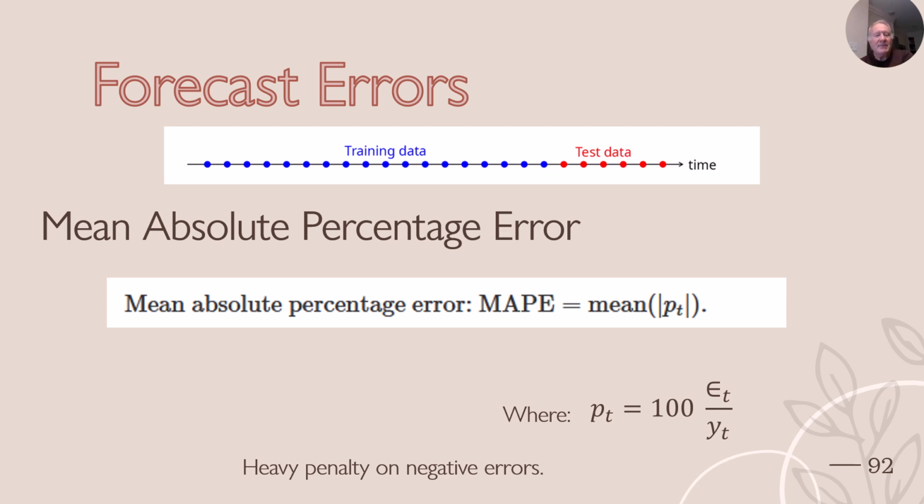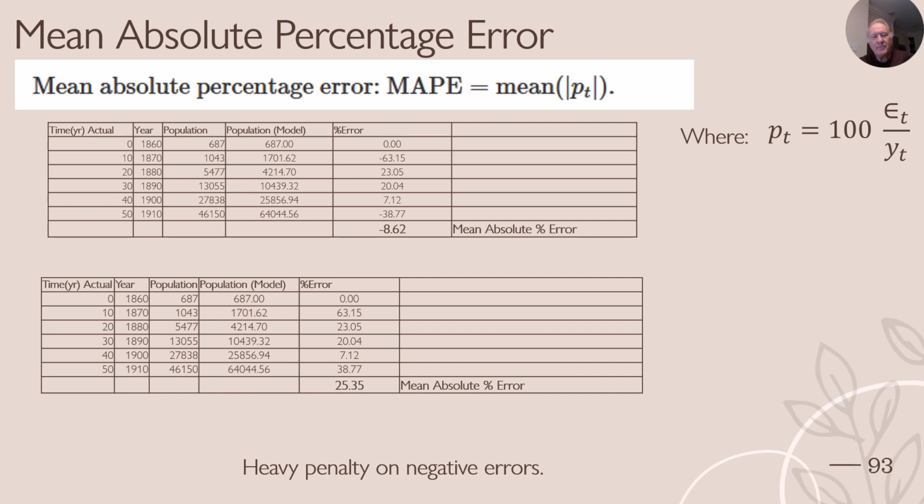They'll also talk about the mean absolute percentage error, which is the mean of PT, where PT is 100 times the error divided by the value at that point. This gives a heavy penalty on negative errors. So if we look at the mean absolute percent error, or the MAPE, what we're going to do is take the percent error.